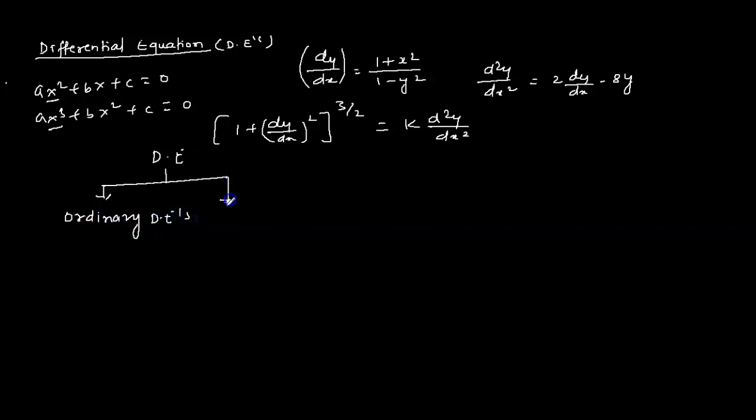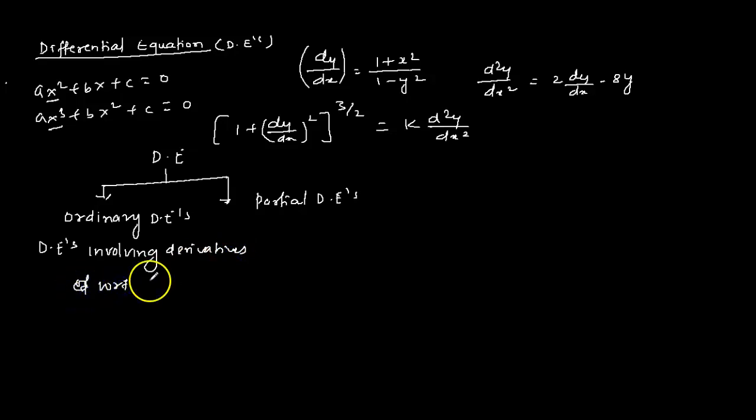Ordinary differential equations involve derivatives with respect to a single variable. If any one variable is there, then it is said to be an ordinary differential equation. Partial differential equations involve more than one independent variable.